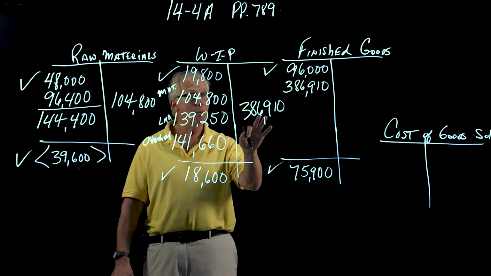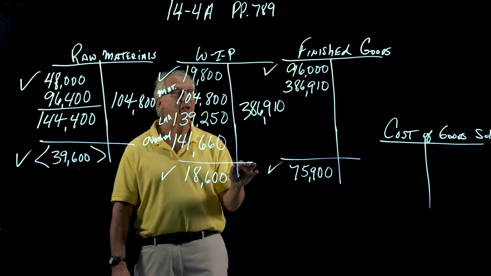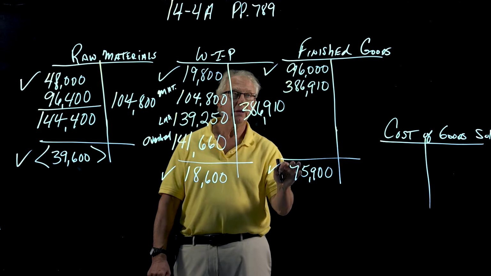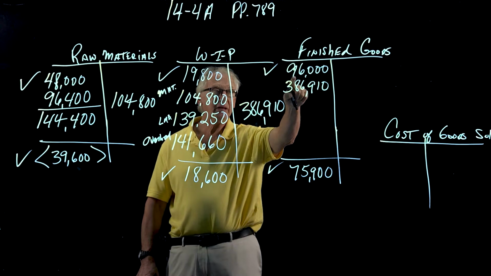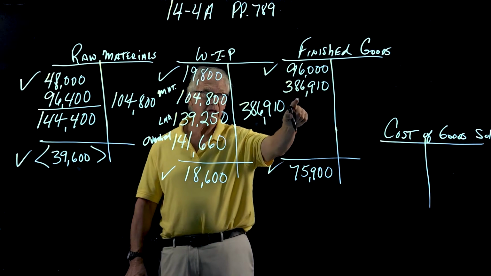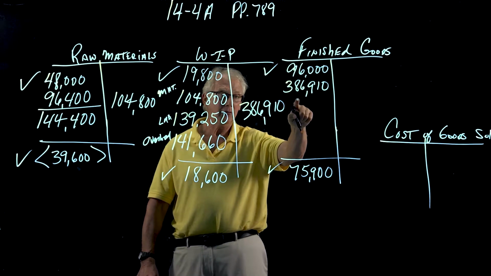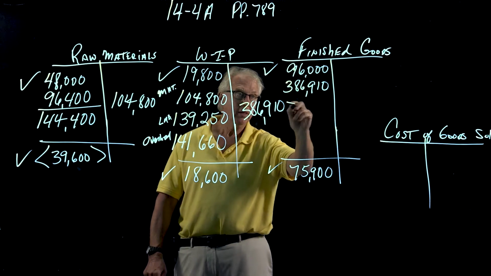Okay, so now let's do the same thing to finished goods that we did to work in process. Let's add the beginning finished goods plus the cost of goods manufactured amount. Let's add those together.